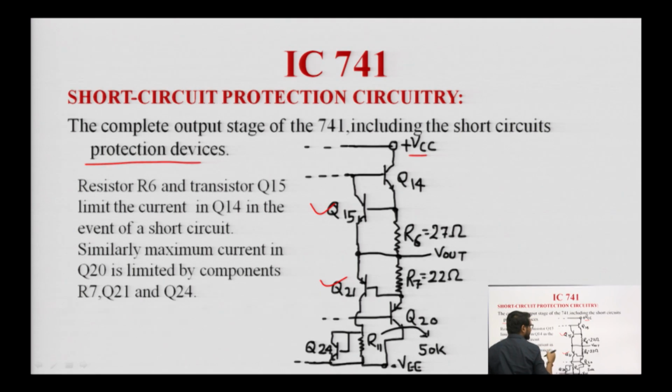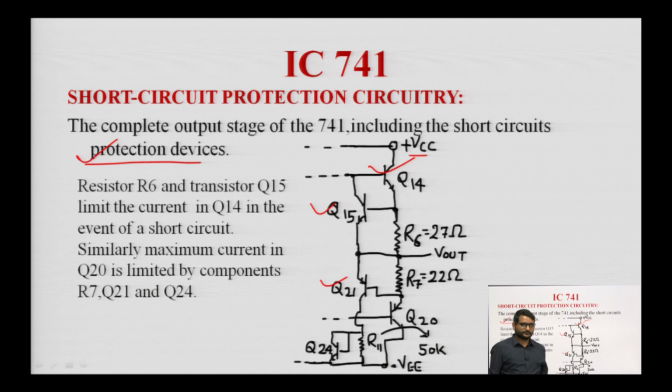If Q15 conducts, it minimizes the base current for Q14. If Q21 conducts, it minimizes the collector current for the Q20 transistor. This way we use a short circuit protection device. Okay. So this is the detailing of the internal circuitry of IC 741.